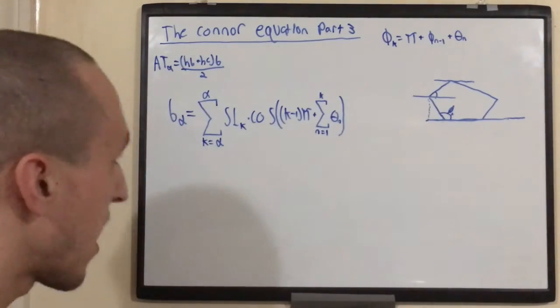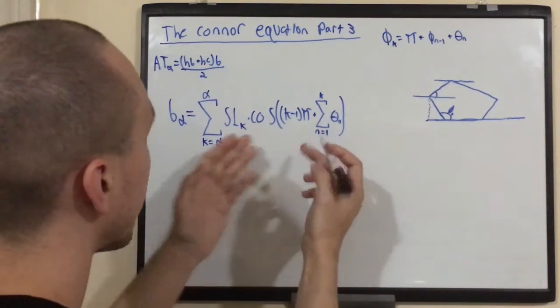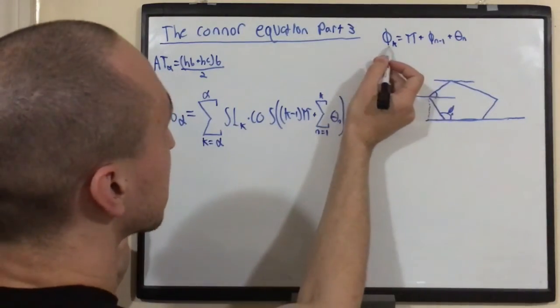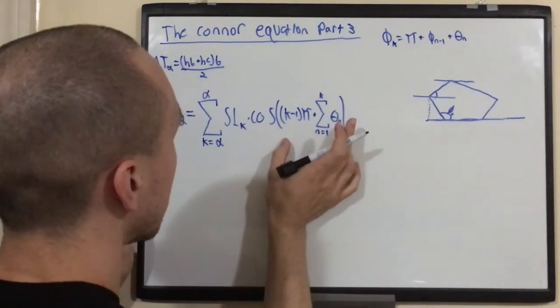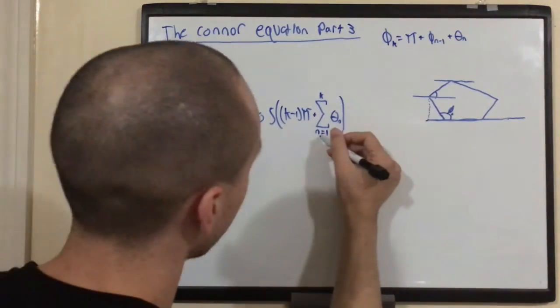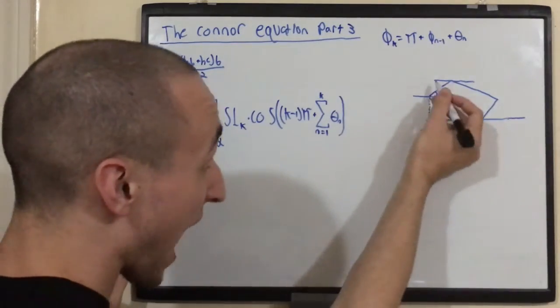We need to do this in order to get the correct phi value. Should I go over an example? Fine. So n equals 1. We are adding the angles.